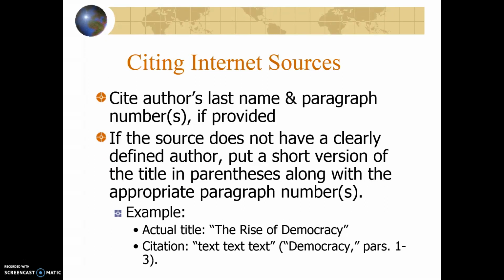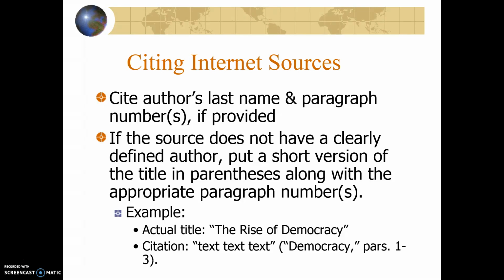Okay, internet sources are a little bit different because they don't have what we would call fixed page numbers. Yes, you can print out the internet content and count up the pages, but that can vary from computer to computer based on browser settings, font size, this sort of thing. So, with internet sources, you cite the author's last name and paragraph numbers if the paragraph numbers are provided.